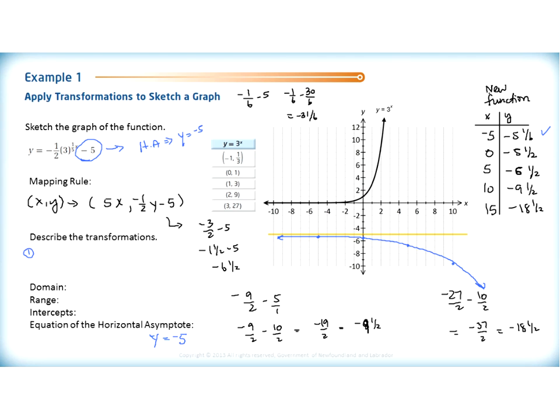We have a reflection in the x-axis, indicated by the negative right here, reflection in the x-axis. The 1/2 here indicates a vertical stretch of 1/2.